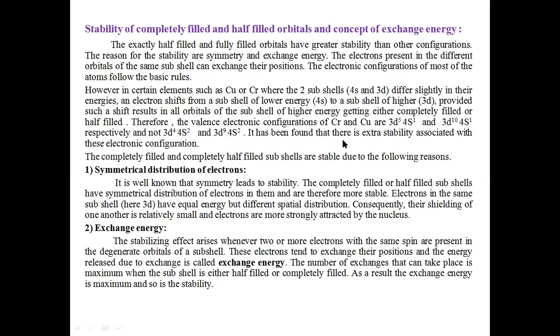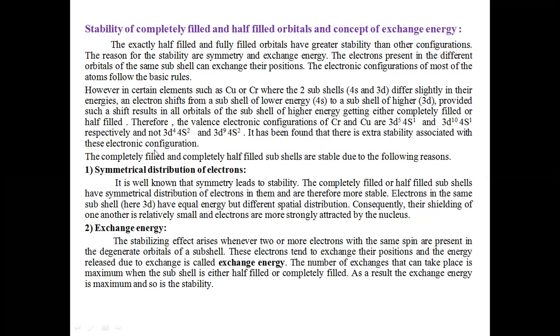It has been found that there is extra stability associated with these electronic configurations. That is, the configurations 3d5 4s1 and 3d10 4s1 have extra stability. Why? Because they are completely filled and half-filled atomic orbitals.